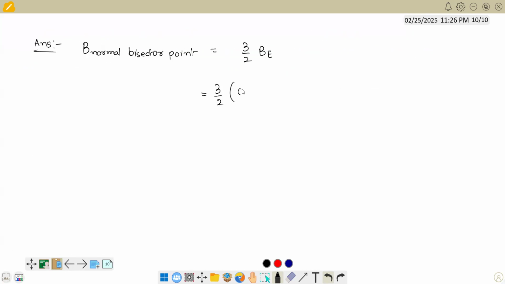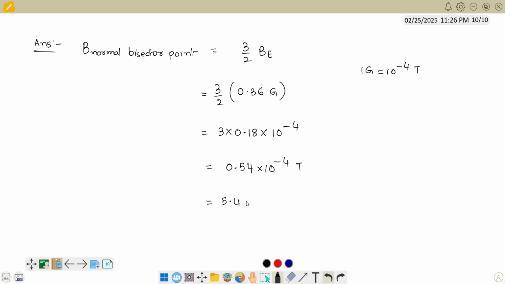What is this? 0.36 into G. Remember, 1 Gauss means 10 power minus 4 Tesla, which is the SI unit. So 3 into 0.18 into 10 power minus 4. 0.18 into 3 is 0.54 into 10 power minus 4 Tesla. So you will get 5.4, or 54, into 10 power minus 6 Tesla.